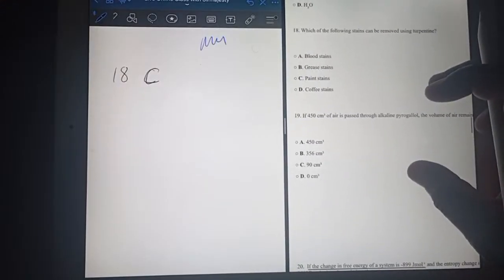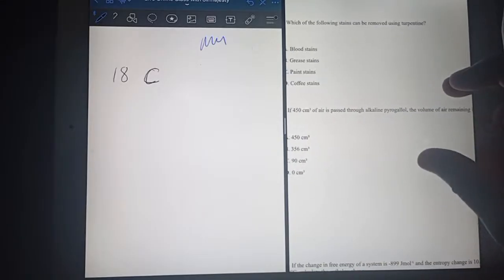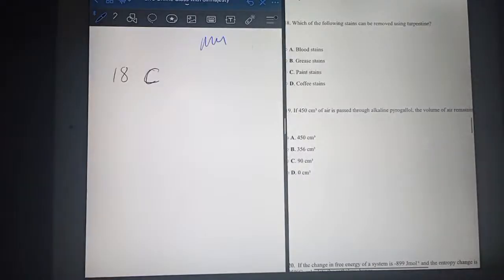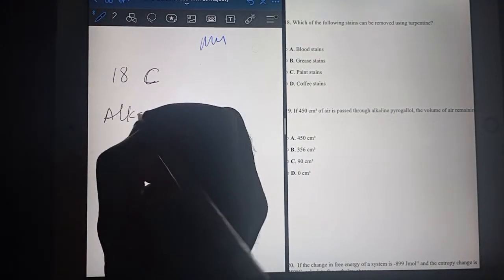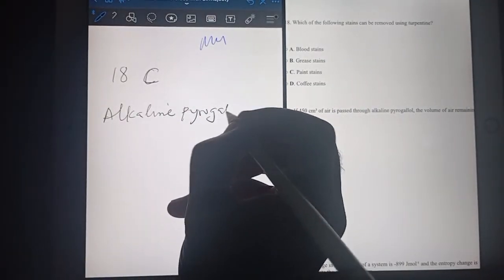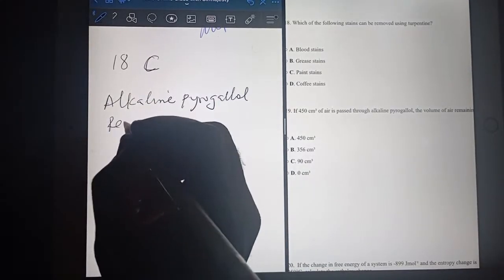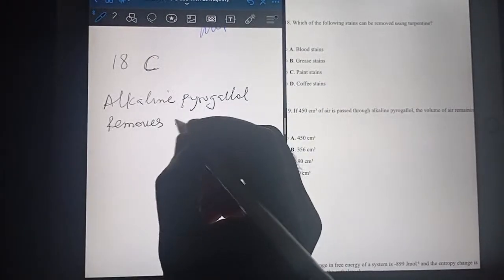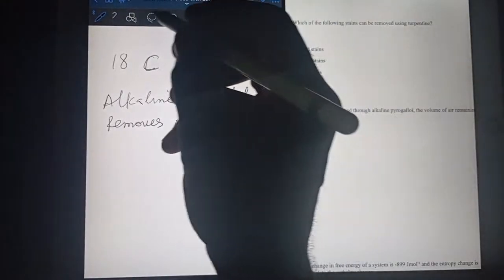Then number 19 says, if 450 cm cube of air is passed through alkaline pyrogallol, the volume of air remaining is what? First of all, alkaline pyrogallol is used to remove or absorb oxygen from a mixture of air.